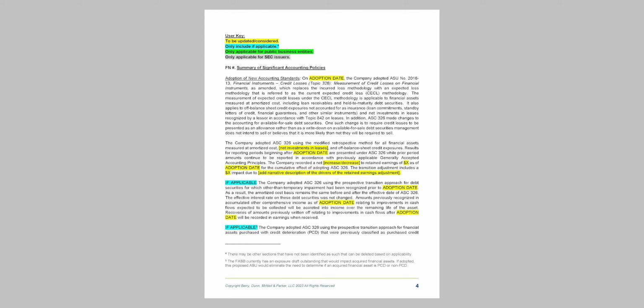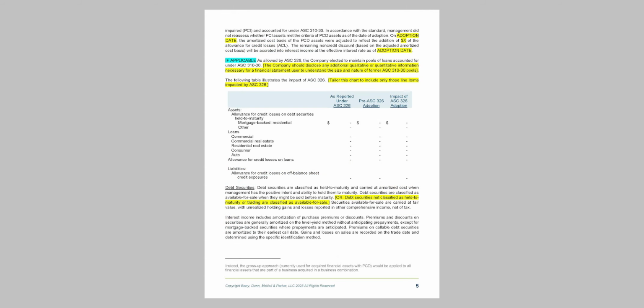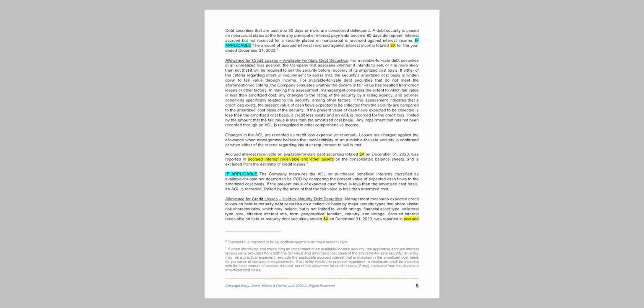And that disclosure should include, if I go down to page 5 here, some information just kind of comparing pre and post adoption. Doesn't necessarily have to be in a tabular format, but maybe just showing where you were pre ASC 326 and then of course post CECL implementation. So on page 6 here, just a real quick thing that I want to point out is accrued interest receivable.